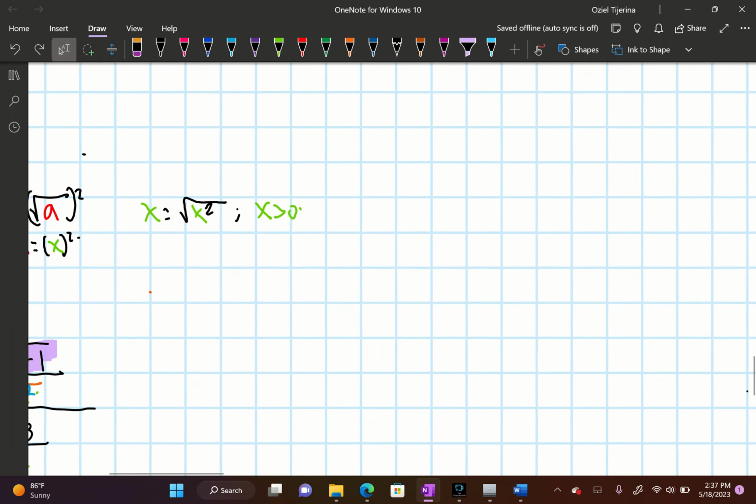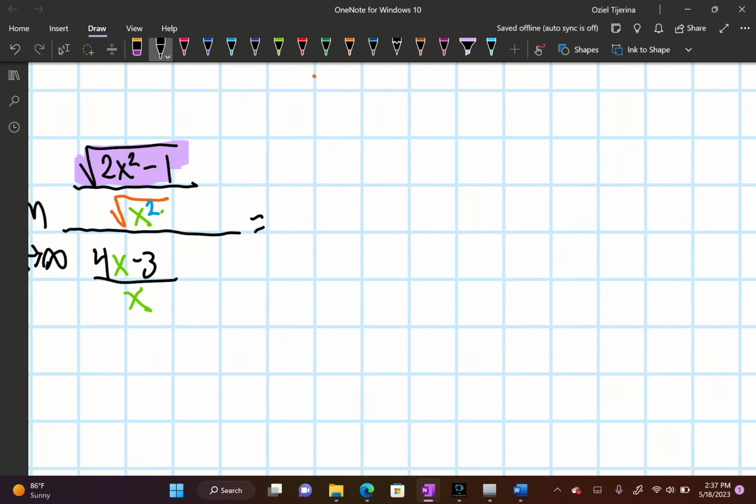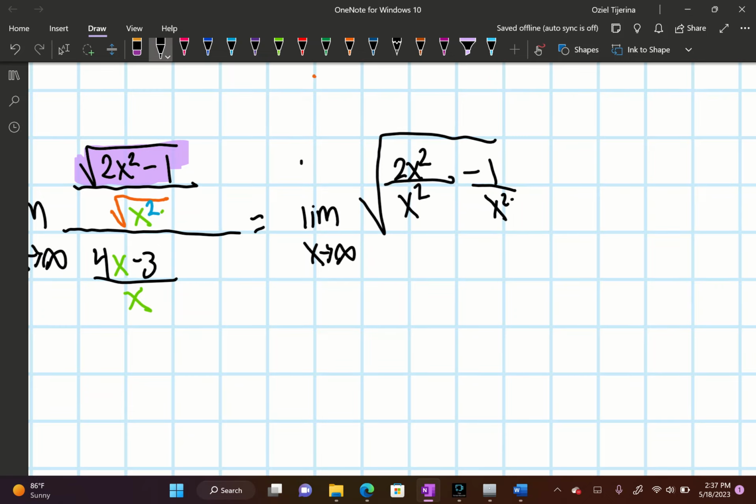And so then what I'm going to do here is this is going to equal the limit as x approaches infinity. And it's going to actually be the square root of 2x squared over x squared minus 1 over x squared.